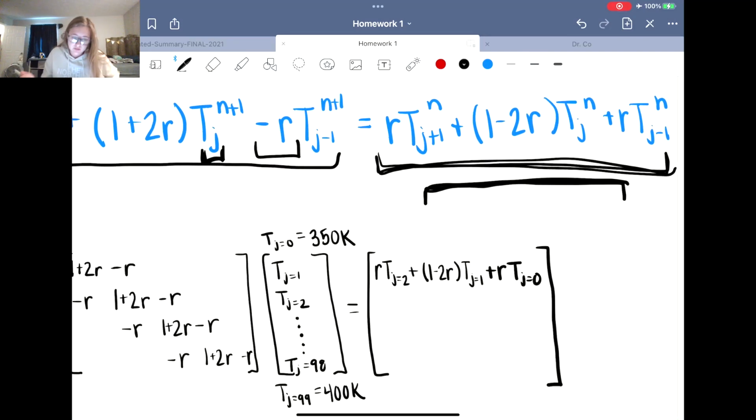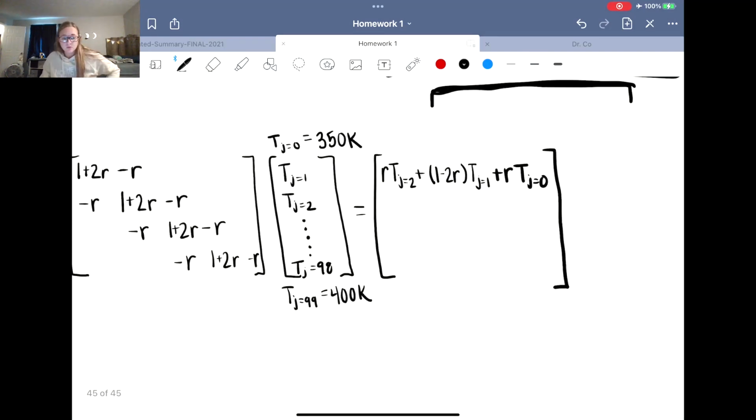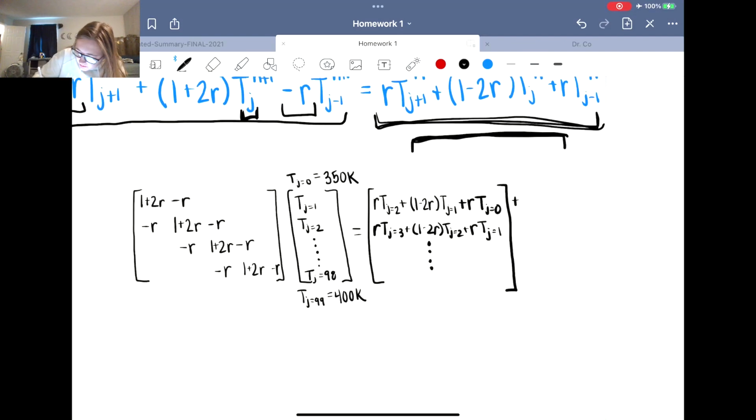And then we're just going to keep doing this for all of these. And we also know we'll get r t where j equals 3, j equals 2. And then again, this will go all the way down until we do our t of j 99. We do have these little boundary conditions out here.